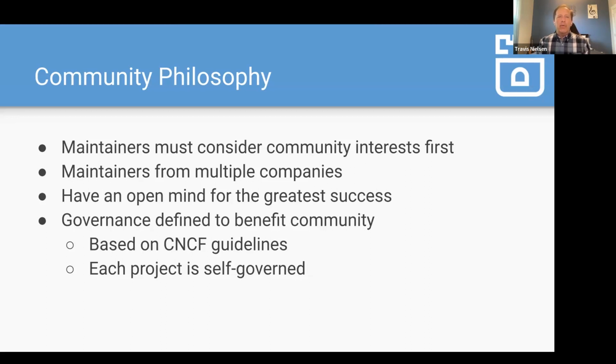And the companies we work for obviously have interests in what happens with the project, but the entire time I've been working on the project, that's not my primary concern. My primary concern is what the community needs. So I'm grateful for having had a couple of employers, actually, I'm on my third officially now, that have supported the Rook vision and having upstream first.